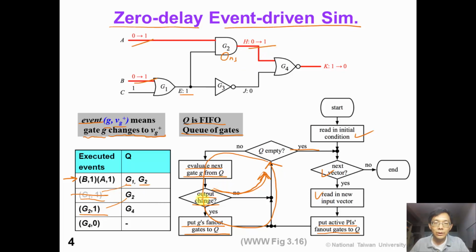Because this new value is different from its old value, we will execute this event. The G2 output is now logic 1, and we put its fanout gate, which is G4, into the queue. Finally, we pop out the last event from the queue, and we execute this falling change at the G4 output. Now, there is no more gate in the queue, so we finish this simulation.